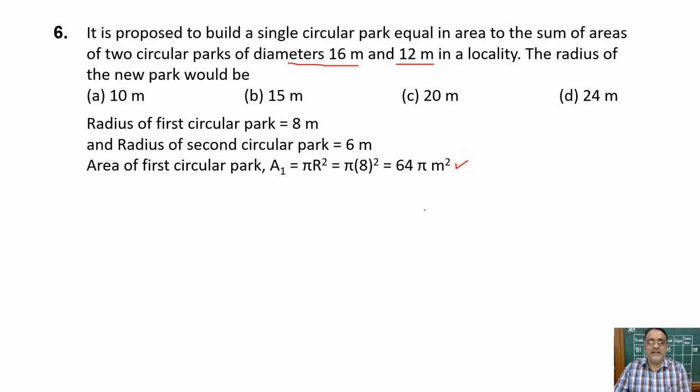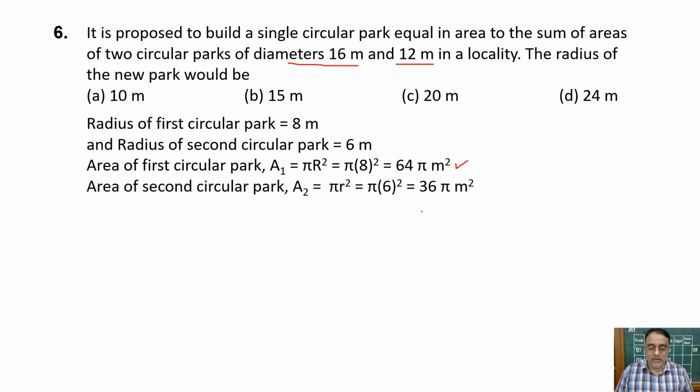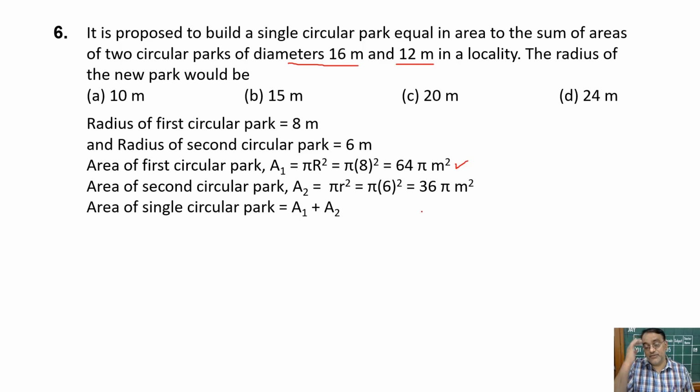Yes, sir. Similarly, area of second circular park कितना होगा? वो भी pi r square होगा. Pi 6 square, that is 36 pi meter square. Now, according to the question, area of single park will be equals to A1 plus A2. And A1 is 64 pi, A2 is 36 pi. And the single circular park का area होगा pi r square.